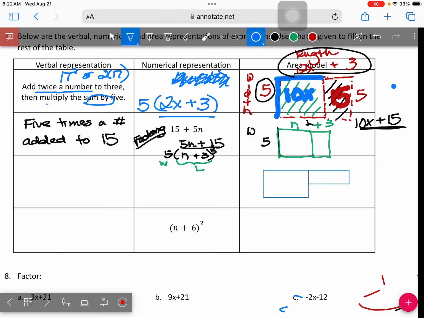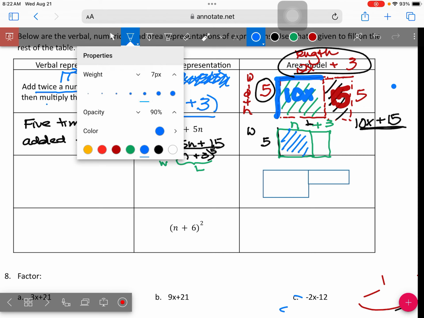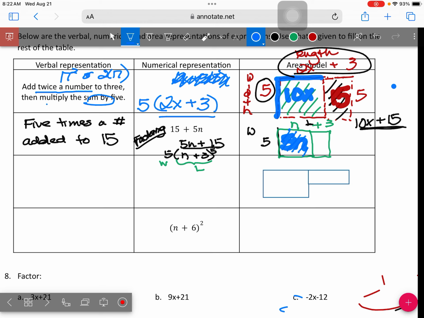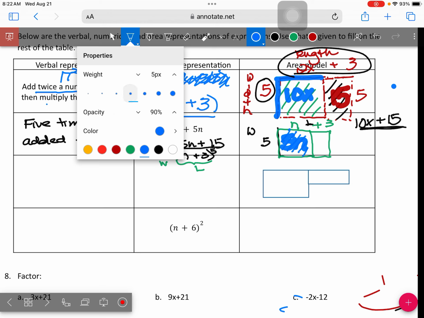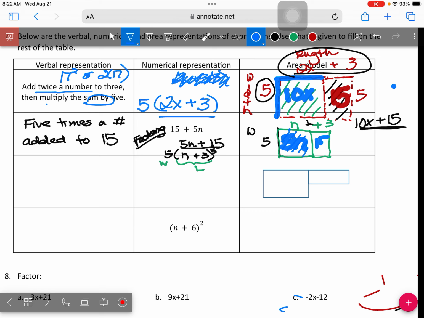So what is the area of this part in blue? 5n. And what is the other area beside it? 15. And so there you have it: 5n plus 15, or 15 plus 5n.